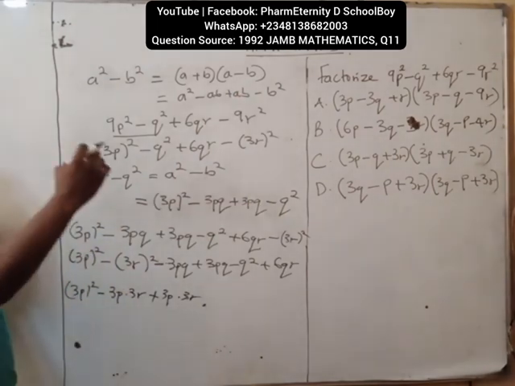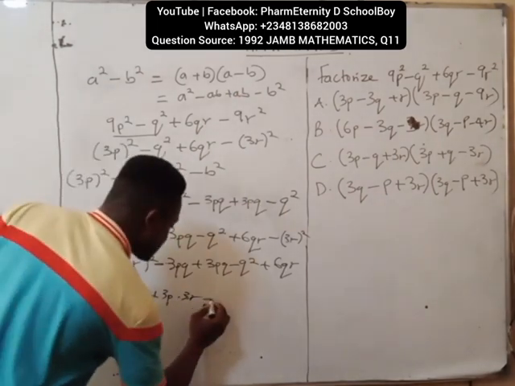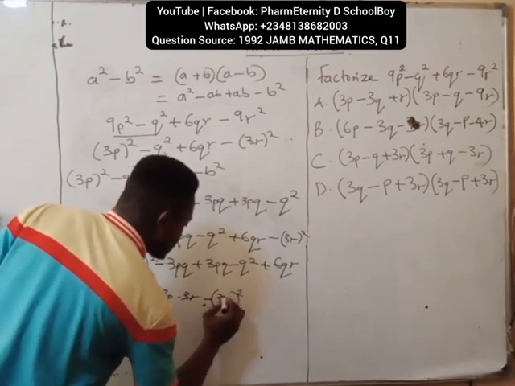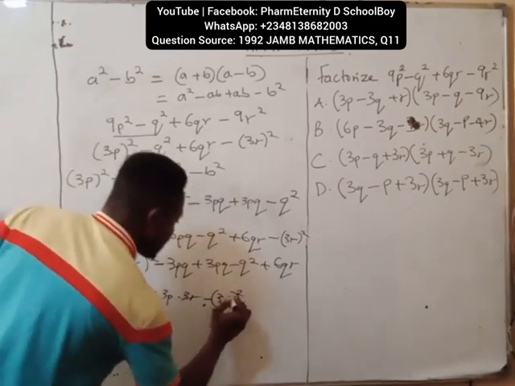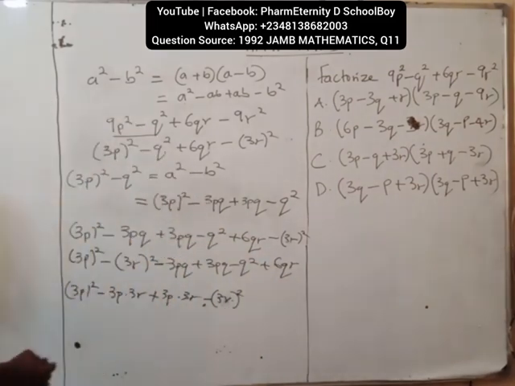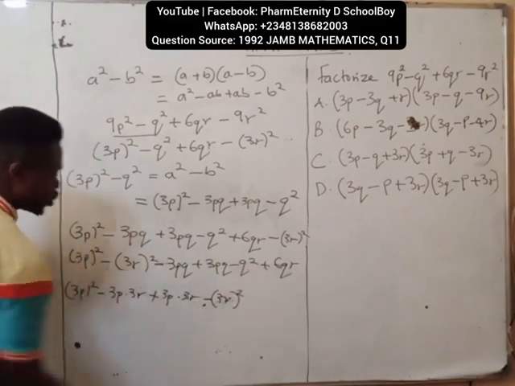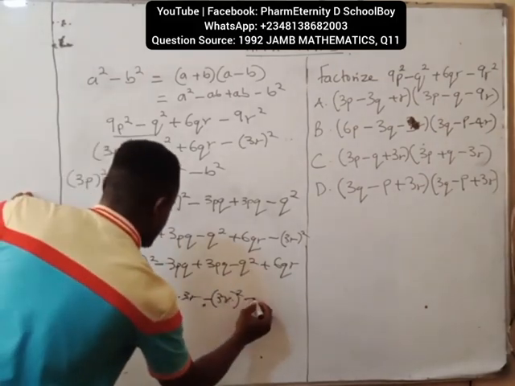Our b is 3r, so minus (3r) squared. So this is what we have expanded. We now put the other ones.